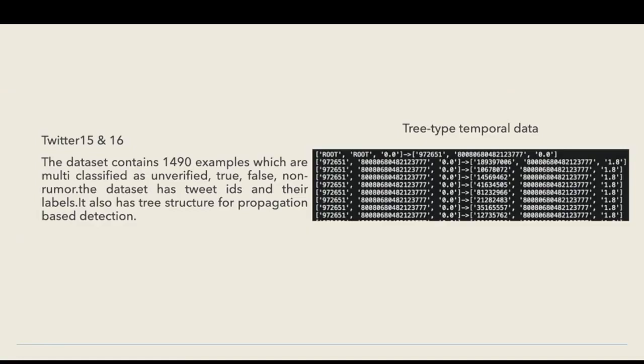It also has tree-type temporal data which can be used for temporal as well as propagation-based detection. Using these different types of datasets, we have acquired a variety of skills by seeing which of the columns is most important and then implementing that column in our model. So let's move further.